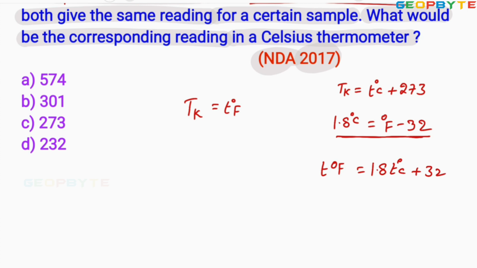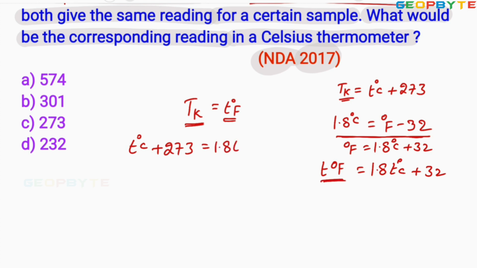So absolute temperature in Kelvin is how much? Thermometer reading in degree centigrade plus 273 is equal to thermometer reading in degree Fahrenheit, equal to 1.8 times the thermometer reading in degree centigrade plus 32.